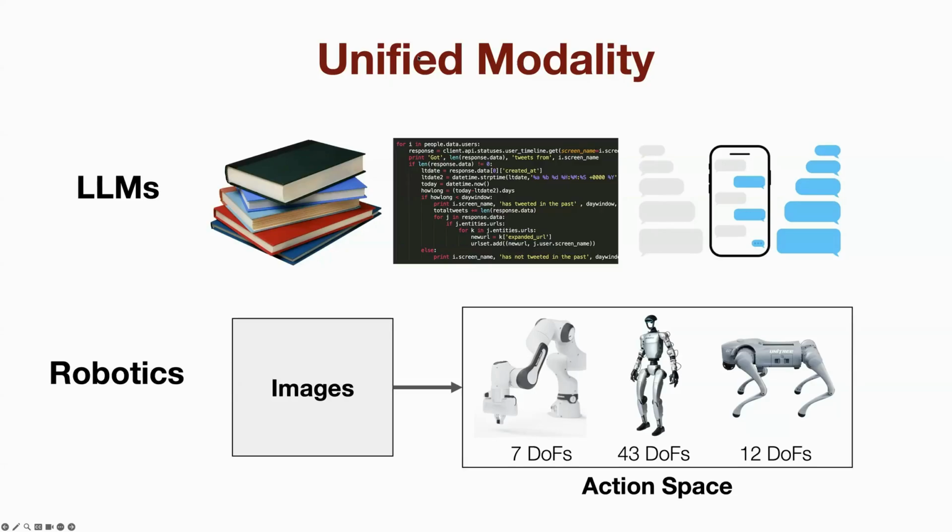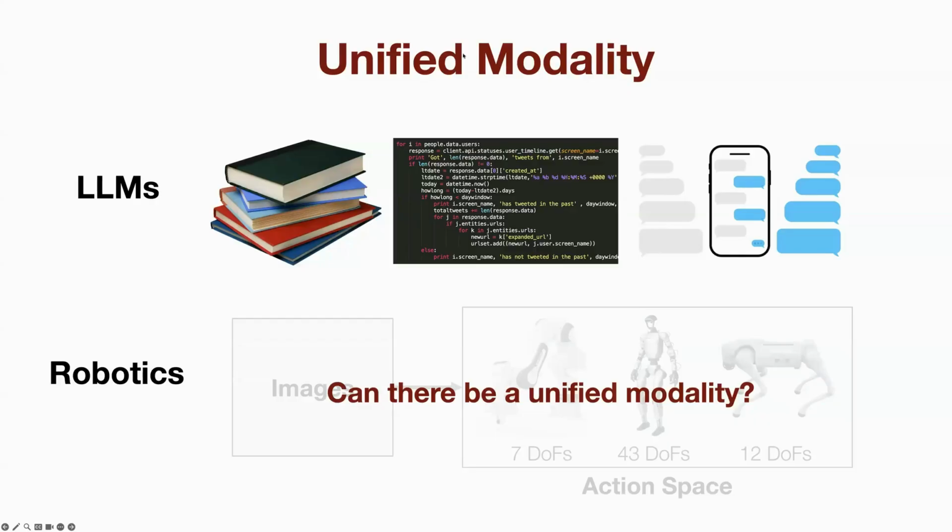It can be any degree of freedom for any robot that we build, and even for the same number of DoFs, we can have different geometry of fingers. They could be longer or shorter. It's the same DoFs, but it really changes the behavior quite a lot. That's a little concerning if we want a really unified pre-training. So the natural question is: can we also similarly have a unified modality?